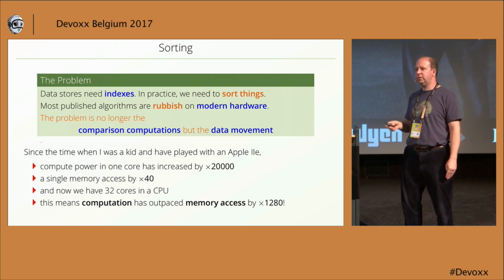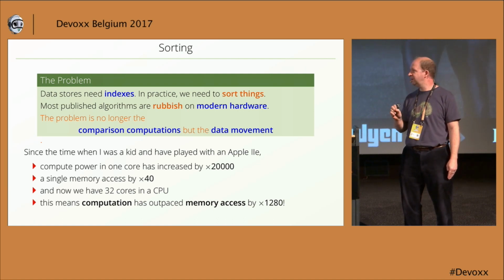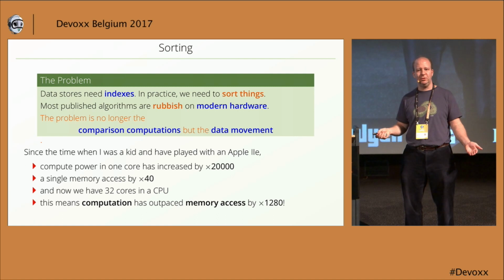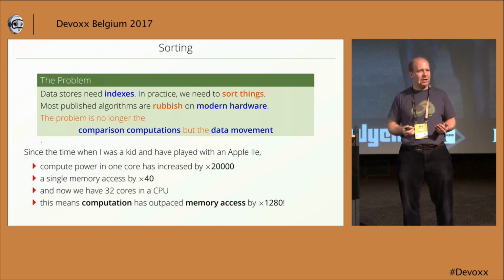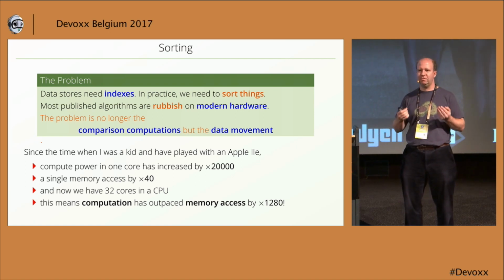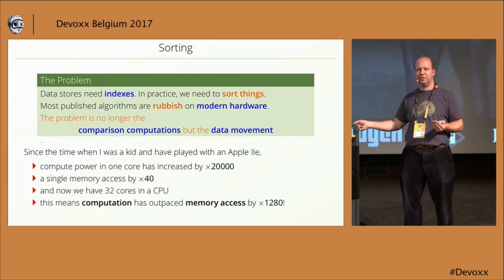Now, single memory access has only increased by a factor of 40. And furthermore, these days you have sometimes 32 cores in a CPU. So that's another factor. And this just means that computation has outpaced memory access by a huge factor of over 1,000.